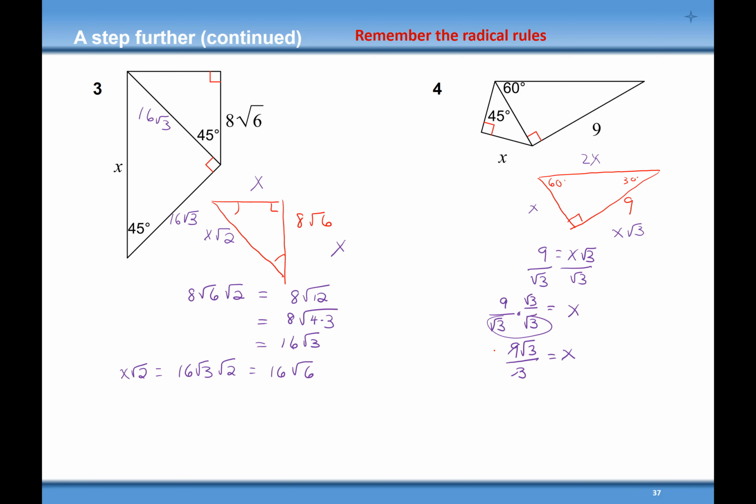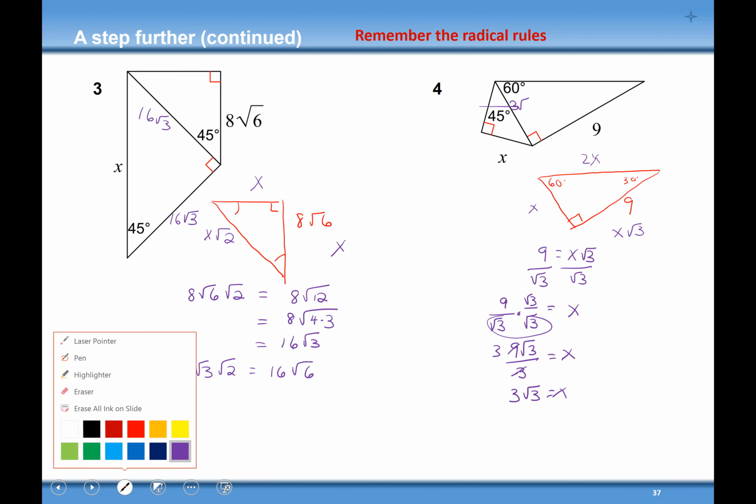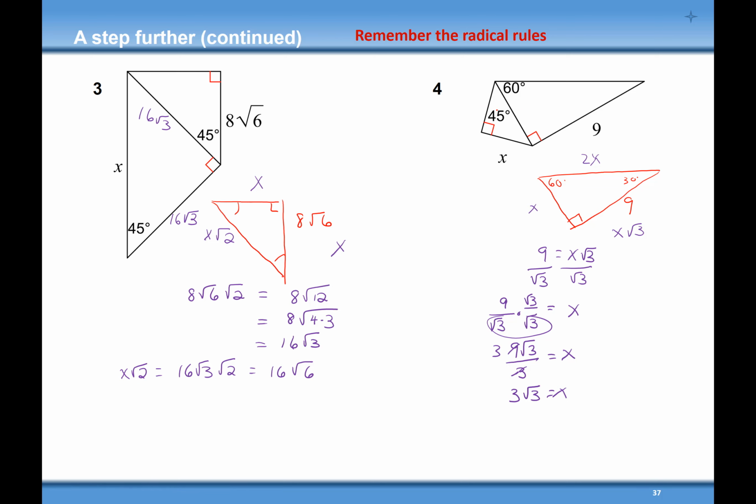And then we can reduce here, and so we end up with x equaling 3 radical 3. So that gives us this missing piece here, 3 radical 3. I'll erase that here, I don't want that extra line.